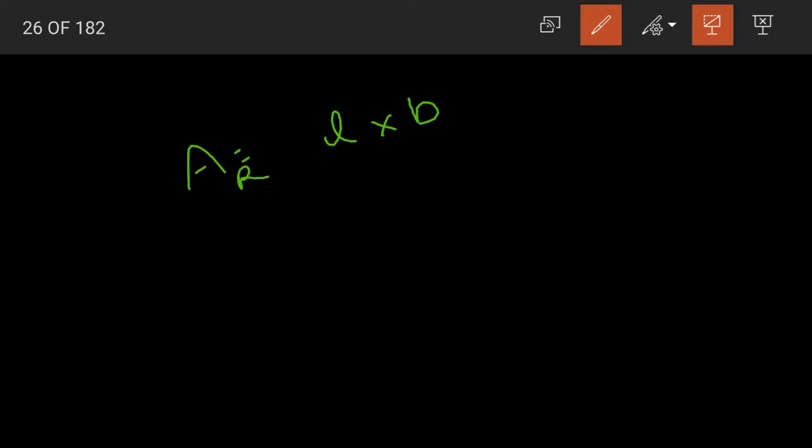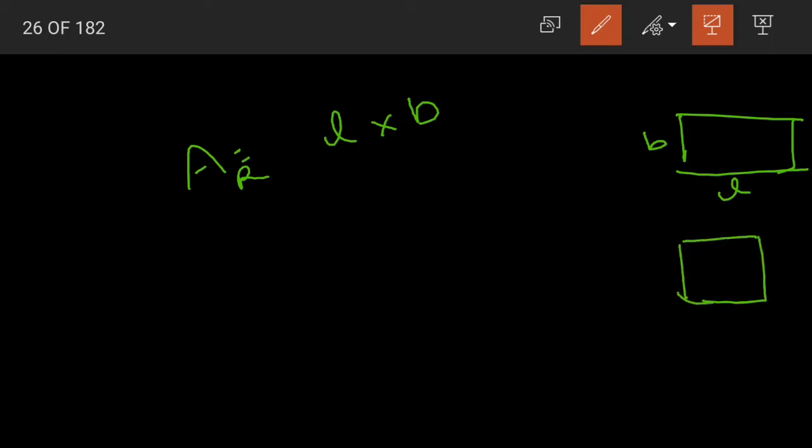Now in the same way, here we already know that the area of a rectangle is equal to length into breadth. See, this is the rectangle and length into breadth will be the area of the given rectangle. Now when I have a square, again as we have discussed, all the four sides are equal.